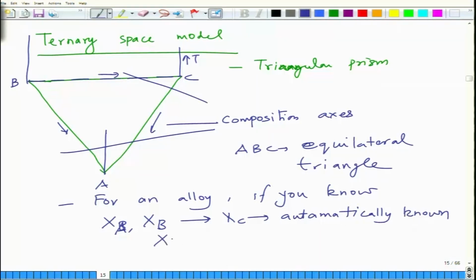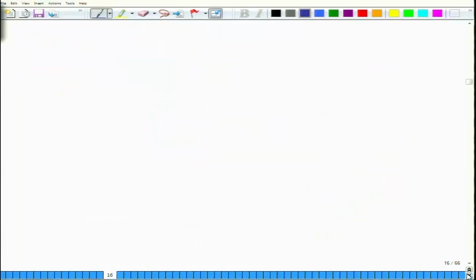Okay, because XA plus XB plus XC is equal to 1. So the law of mass conservation applies. So you have two variables in composition here, and the third variable is temperature. So basically a ternary system is a conglomerate of three binary systems.